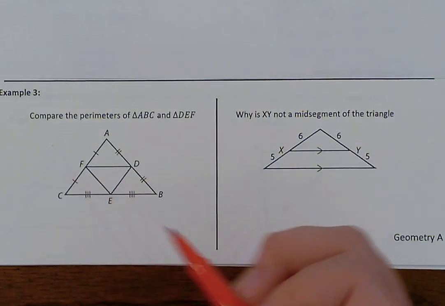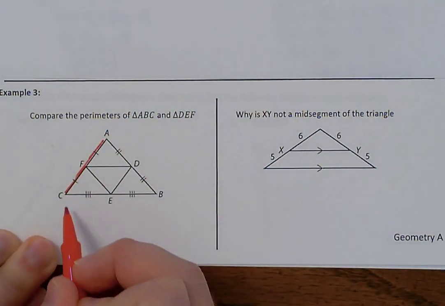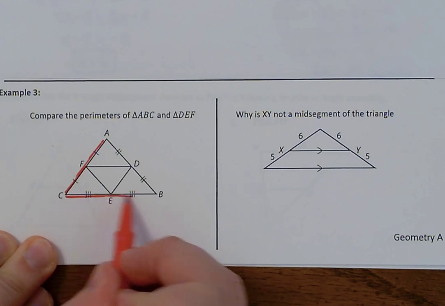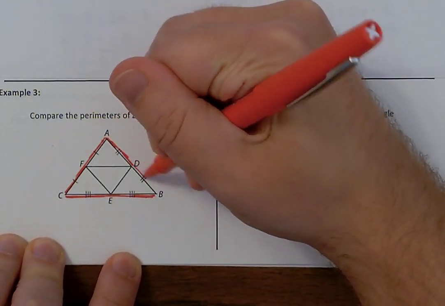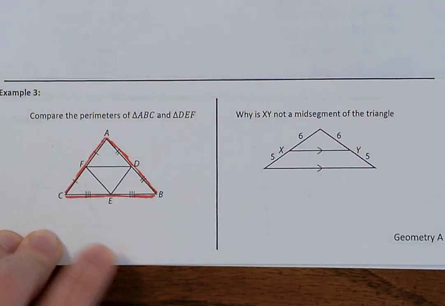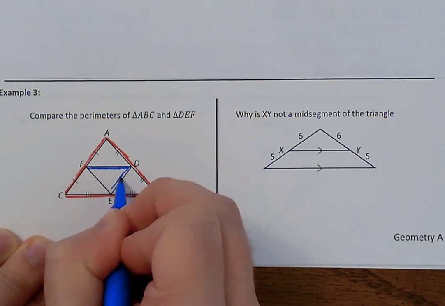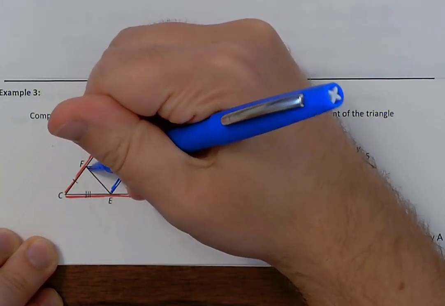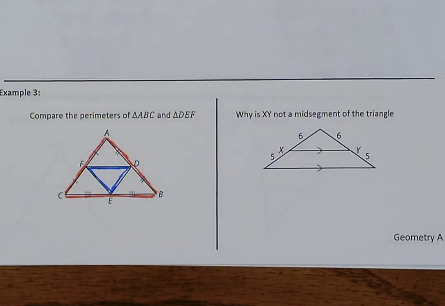So ABC is our larger triangle as a whole, and triangle DEF, like I said, is considered our midsegment triangle. So it wants us to go through and compare the perimeters.